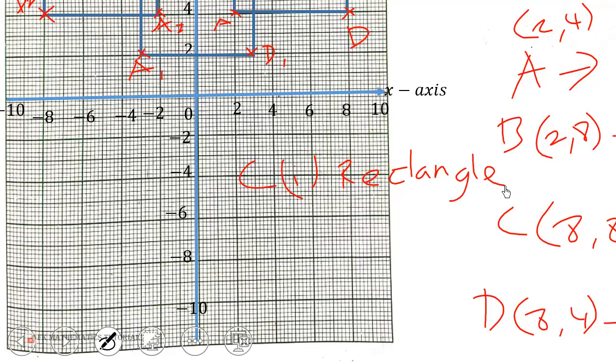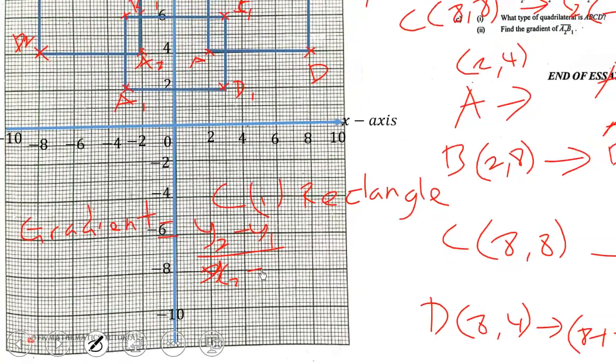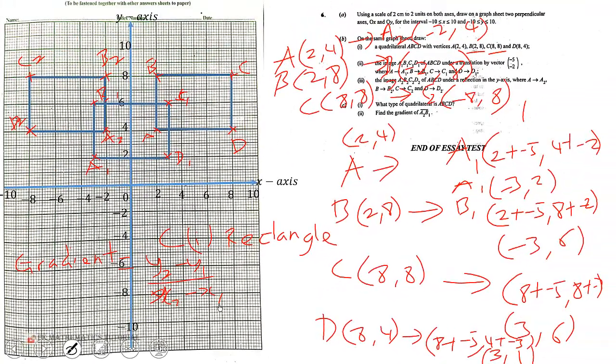Find the gradient of line segment A2B1. So gradient is equal to y2 minus y1 over x2 minus x1. So A2 is having coordinates negative 2, 4. So this is x1, y1.